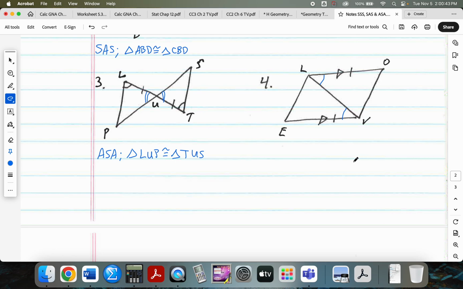That's still not enough. It's only two pairs of things that are congruent, but see how these two triangles are stuck together on LV? This side is congruent to itself by the reflexive property. So now in each triangle, again, I always start with what I have more of. I've got two sides and one angle. And the angle is in between the two sides. So that's side, angle, side.